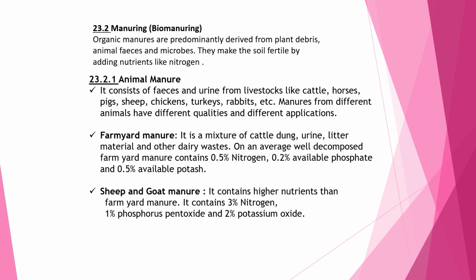Especially the content composition. 0.5% nitrogen in farmyard manure. Here it is 3%. 0.2 in farmyard as available phosphate, whereas here it is 1% phosphorus pentoxide. And farmyard 0.5% potash. Here it is 2% potassium oxide.